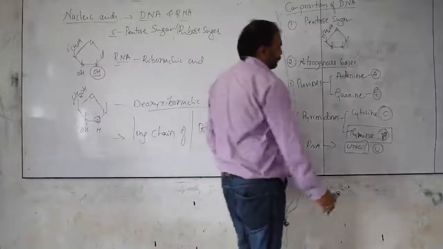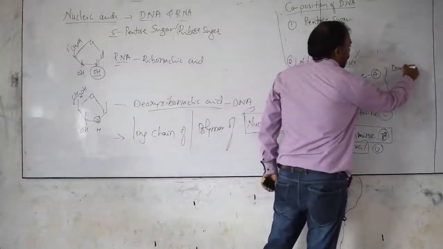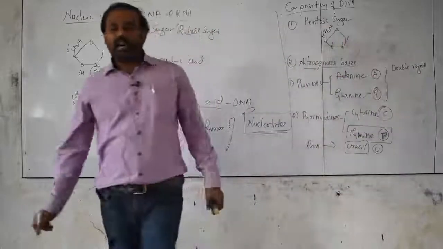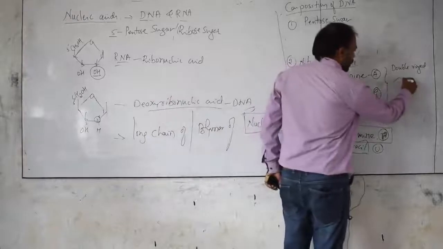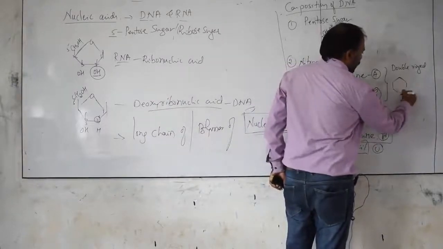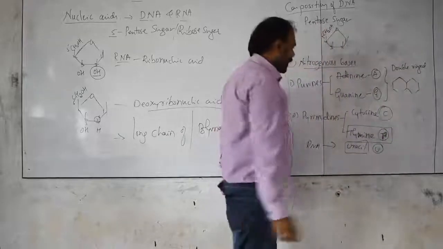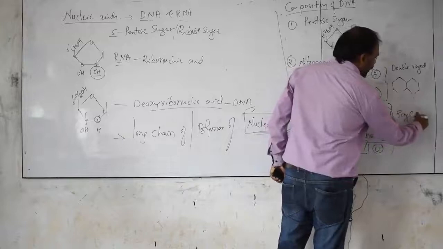In this, adenine and guanine are double ringed structures. Do remember, adenine and guanine are double ringed structures, like this. And cytosine, thymine and uracil are considered single ringed structures.